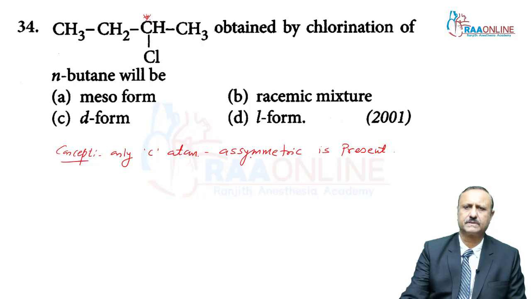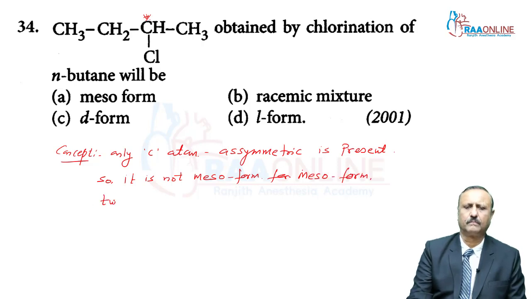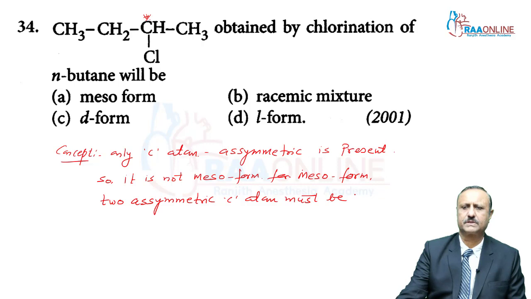Only one carbon atom asymmetric is present, so it is not a meso form, because my dear students, for a meso form, 2 asymmetric carbon atoms must be present.